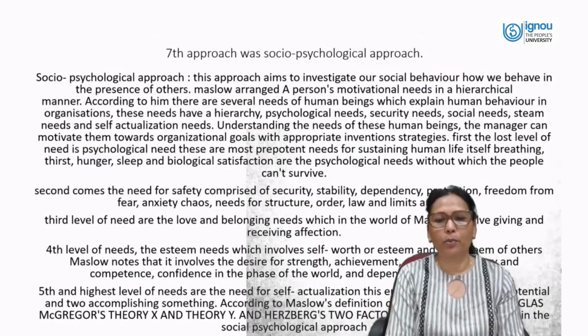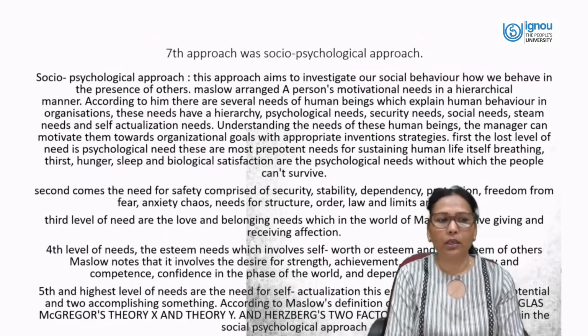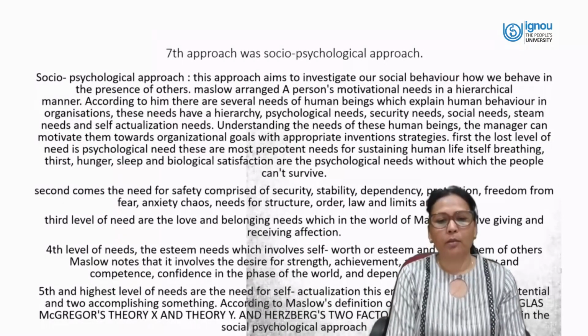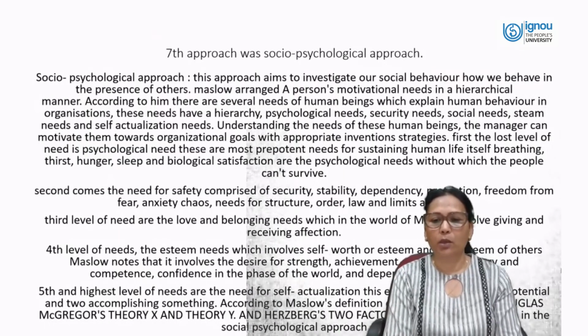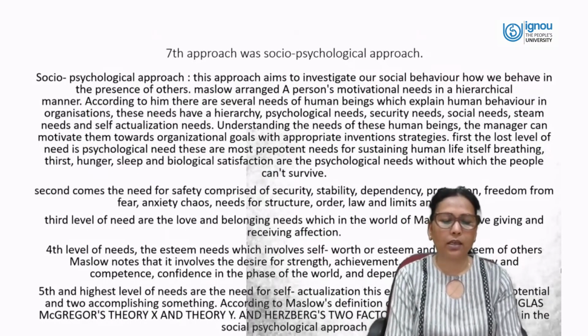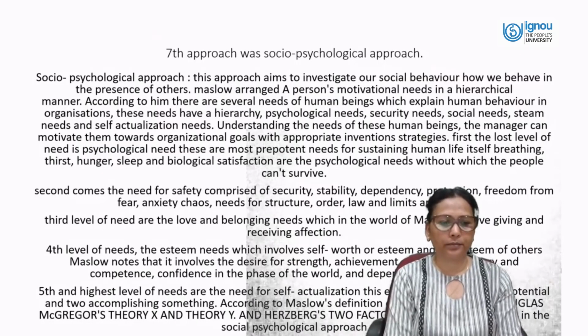These are the most prominent needs for sustaining human life itself, like breathing, thirst, hunger, sleep, and biological satisfaction, without which people can't survive. Second comes the need for safety, comprising security, stability, dependency, protection, freedom from fear, anxiety, chaos, needs for structure, order, law, and limits, and so on. That was the second need.